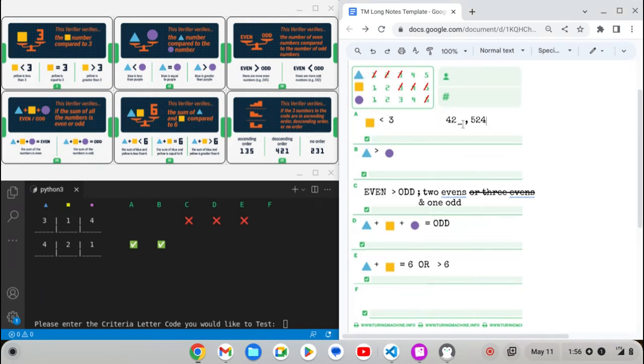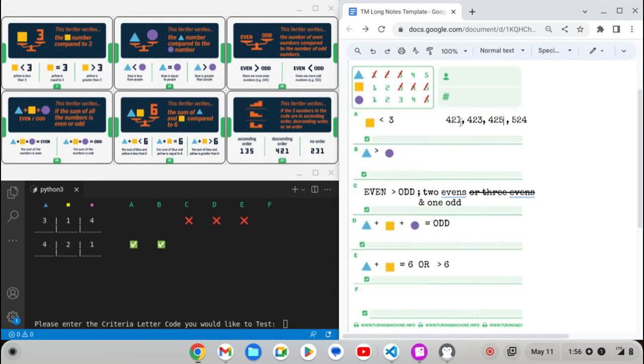So let me actually generate the whole list. So it could be 4, 2, 1, 4, 2, 3, or 4, 2, 5. Okay. So obviously this is a unique one where the sum is greater than, and then all these are actually 6. Now, what can we say?